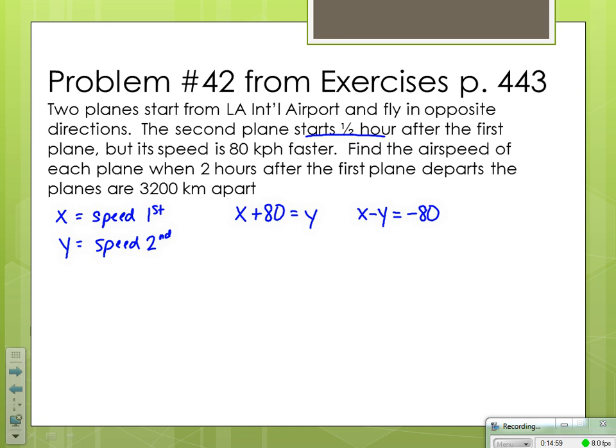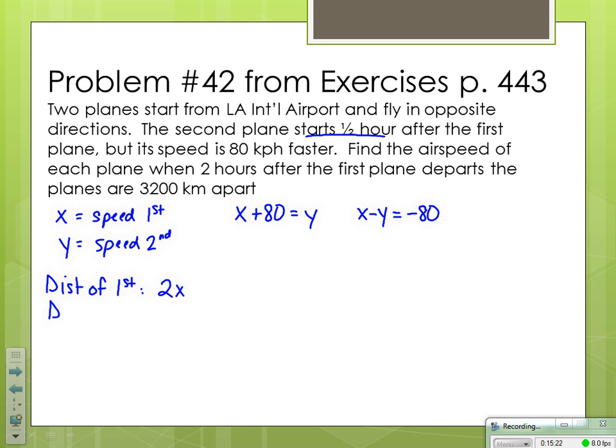So how is it that you determine distance? Well, it's speed times time. So if we have the distance of our first plane, we'd have to take the fact that it flew for 2 hours and it had a speed of x kilometers per hour.